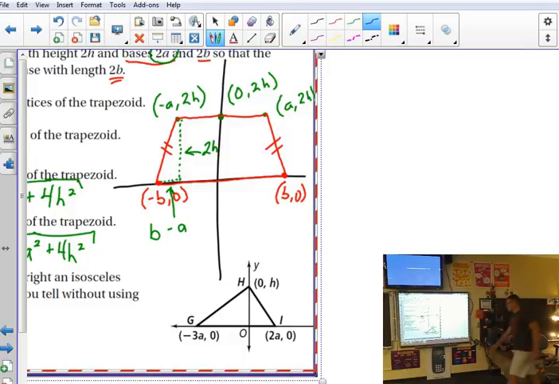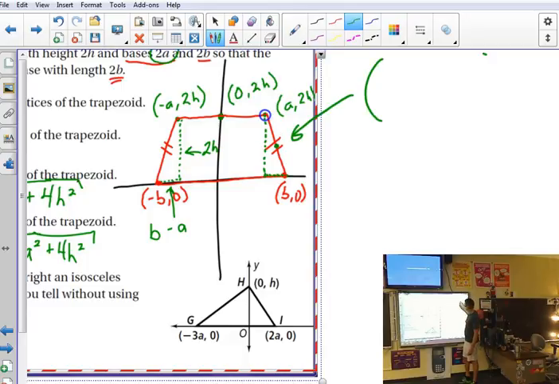So, if you think about the midpoint on the positive side, because then we can just make the other midpoint the negative, right? So we're thinking about this point right here. We know its height is going to be h. It's finding the x that's the more difficult part. We know that this distance right here is a. We've already been told that. So we go a.